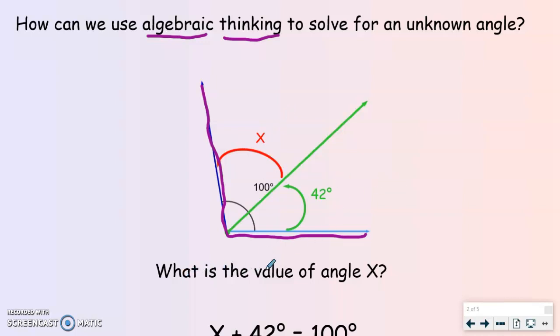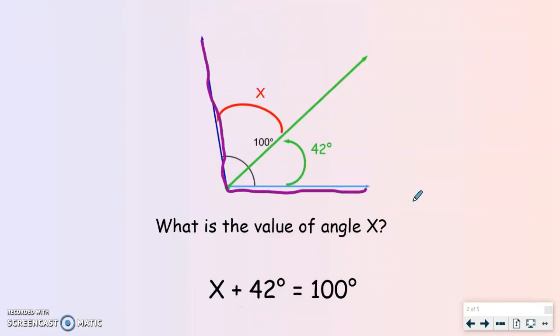So if the question is, what is the value of angle x, this one here, I went ahead and set up a little algebraic problem to help us solve. We know that if we combine x and 42 degrees, we'll get the total 100 degrees. So that's what my equation here is. X plus 42 degrees equals 100 degrees.